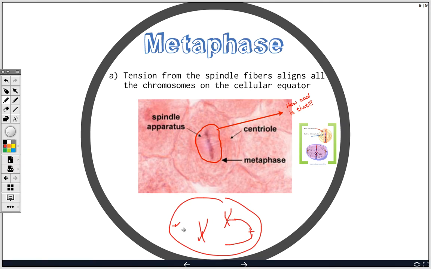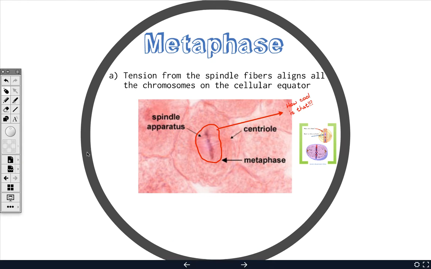And when they attach to the center of the chromosome, they just begin pulling on these chromosomes. And when they begin pulling, it ends up putting them very easily in the middle. As you pull something with equal weight, it's just going to end up in the very middle. So that's what happens.